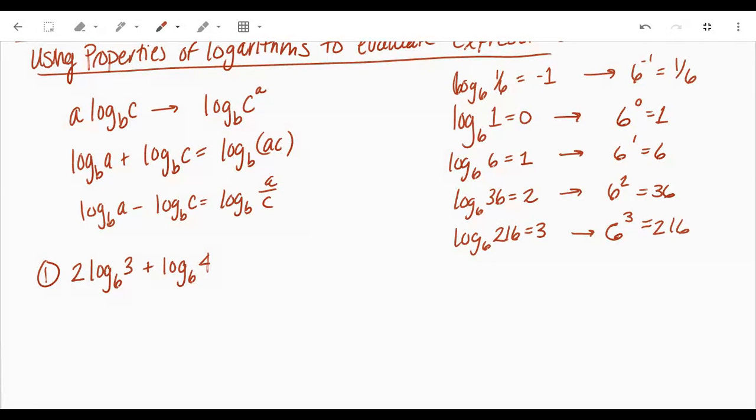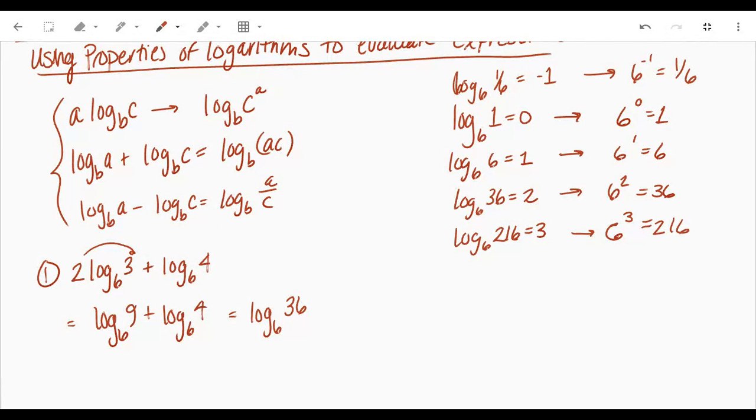All right, so we use our properties that are listed up here. We can slap that 2 on the 3. So log base 6 of 3 squared, which is 9, and log base 6 of 4. Then we can use that second property, that's log base 6 of 9 times 4, which is 36.